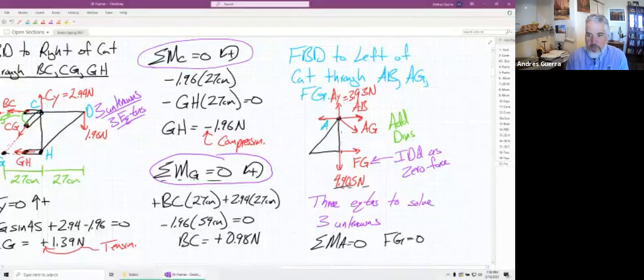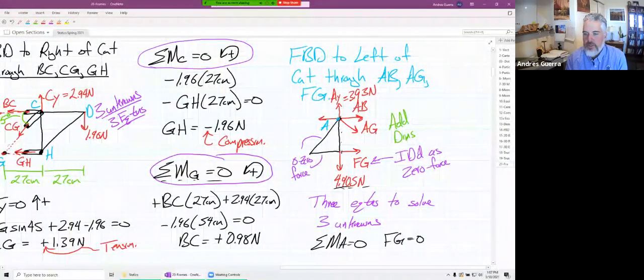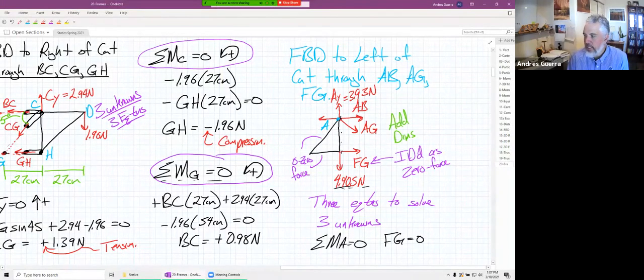And then these over here, we also identified as zero force as well. These two were both identified as zero force. And it doesn't matter though, because I didn't cut through them. And so it doesn't matter if there's zero force or if there's a million newtons in those. If I don't cut through them, I don't expose the force that's in those members.